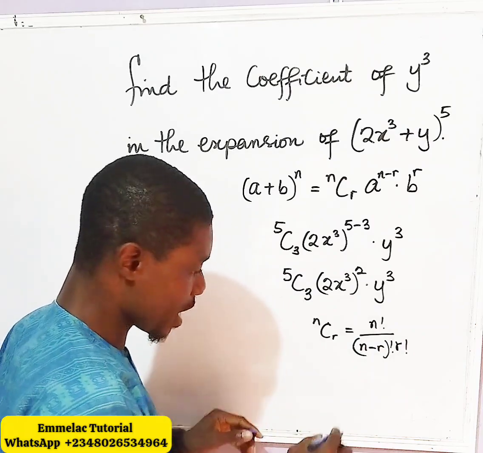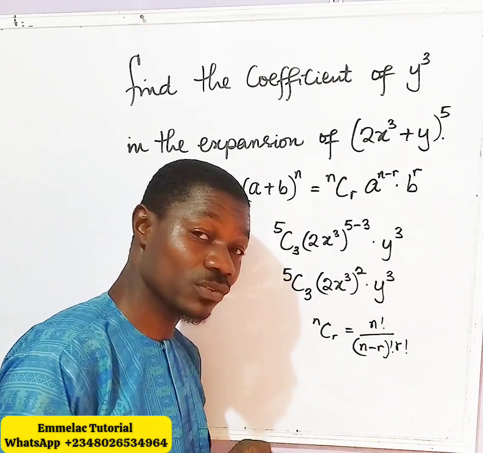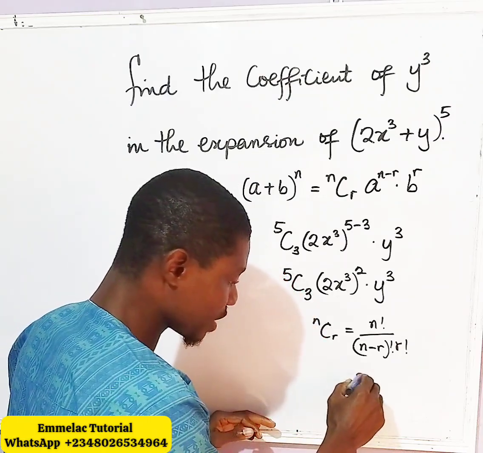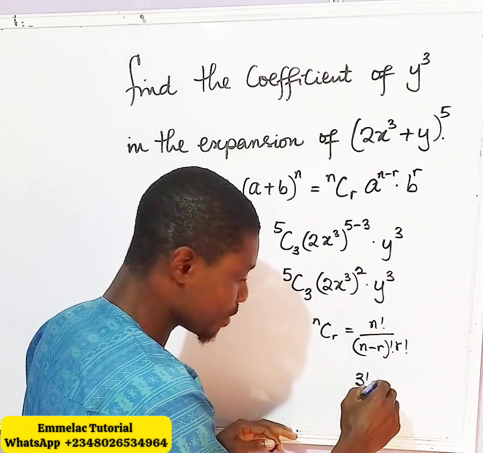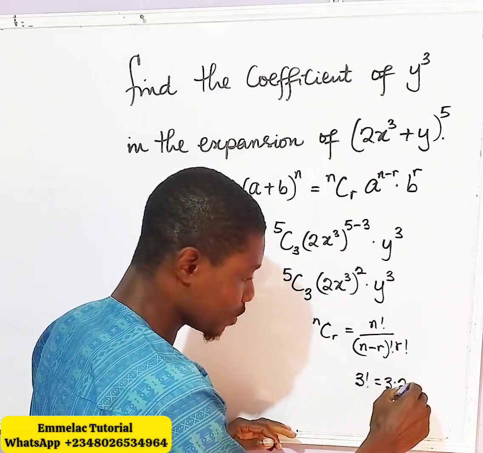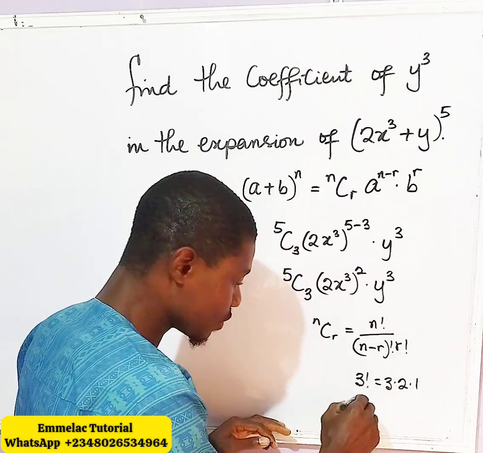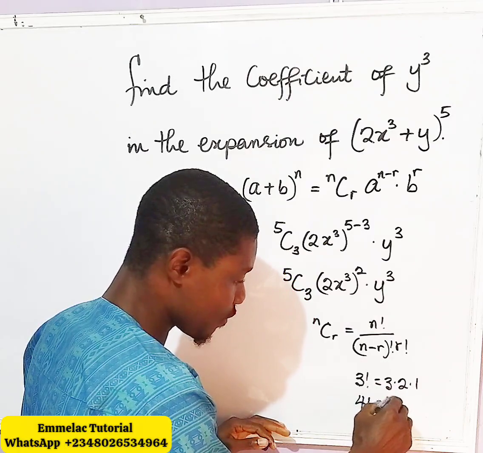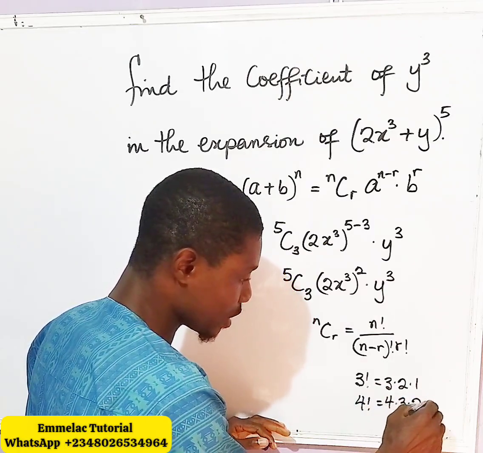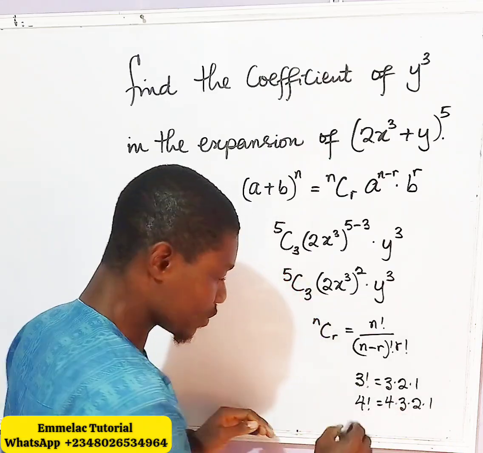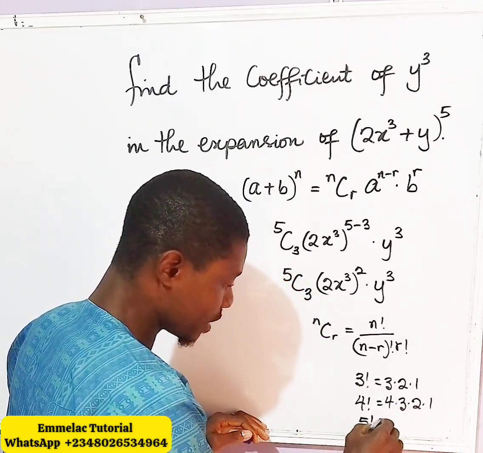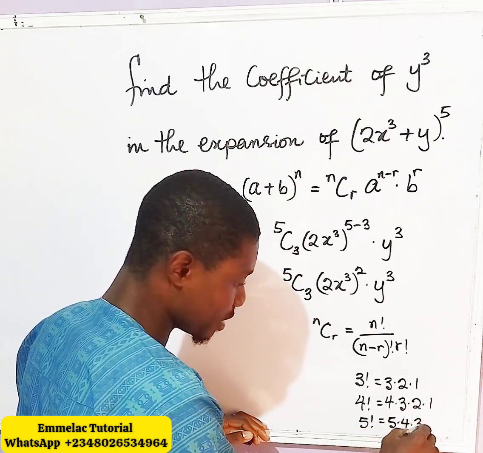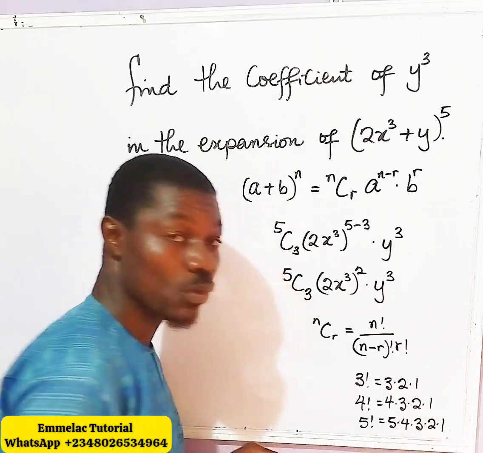Where n factorial, in a simple term, if you have 3 factorial, this simply means 3 times 2 times 1. You have 4 factorial, this implies 4 times 3 times 2 times 1. Then 5 factorial means 5 times 4 times 3 times 2 times 1.